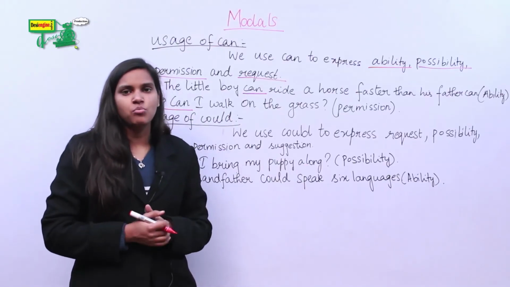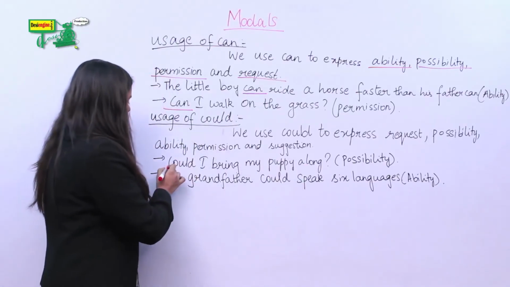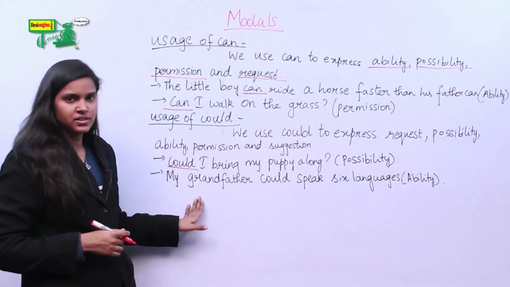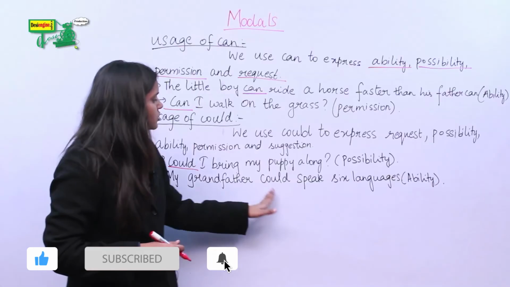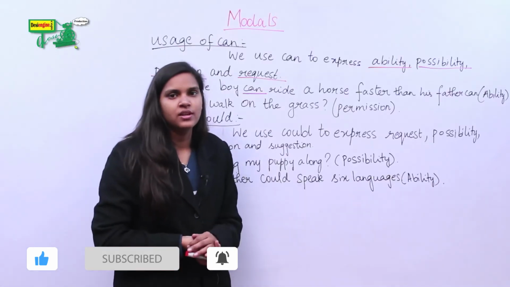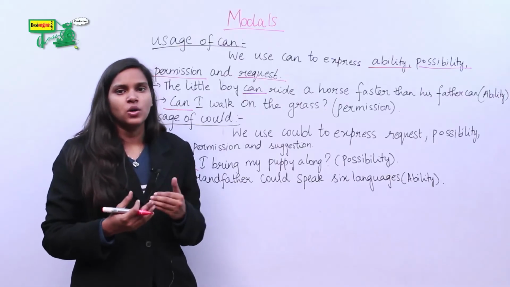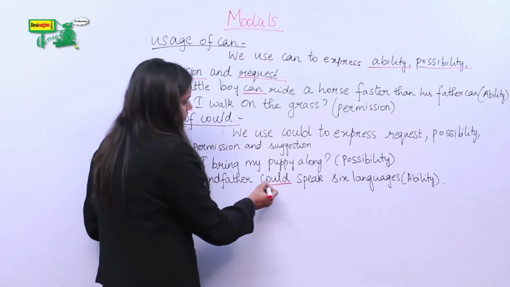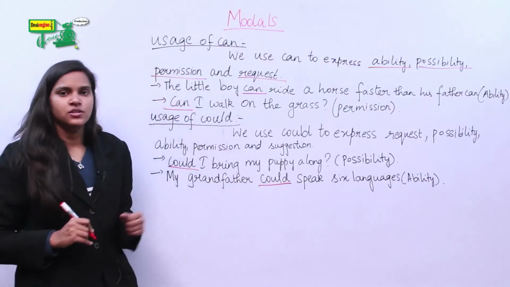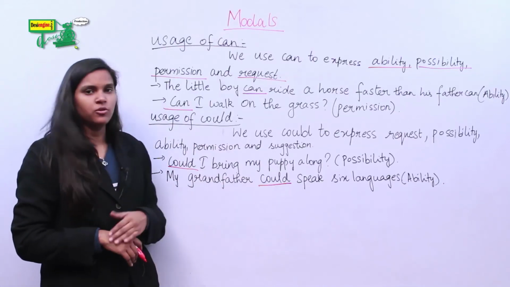This is a possibility. Next one is: my grandfather could speak 6 languages. This statement talks about the ability of grandfather. So could is our modal verb over here.